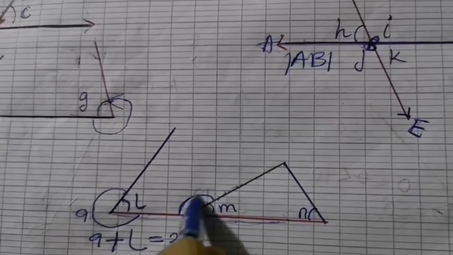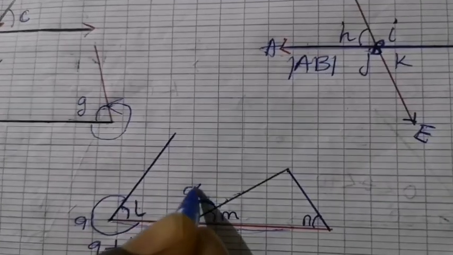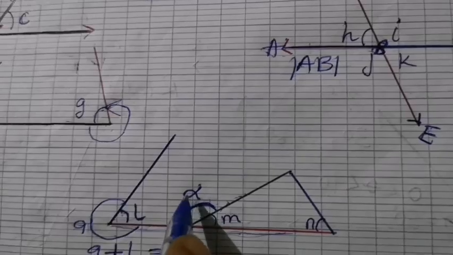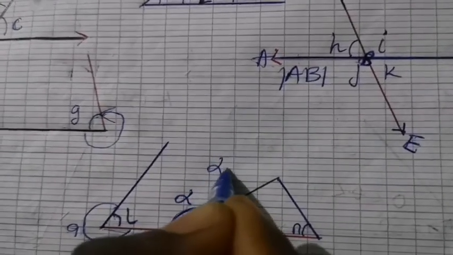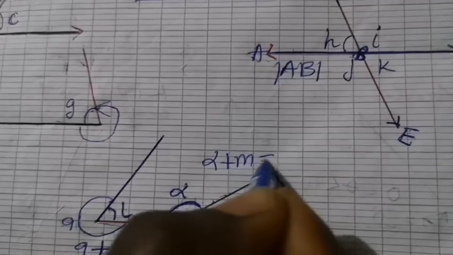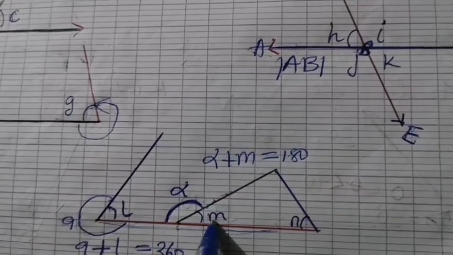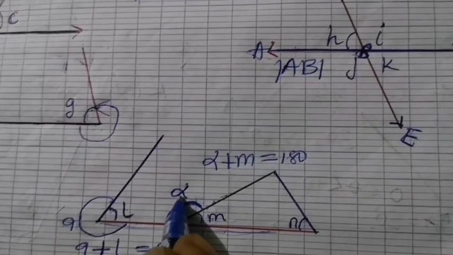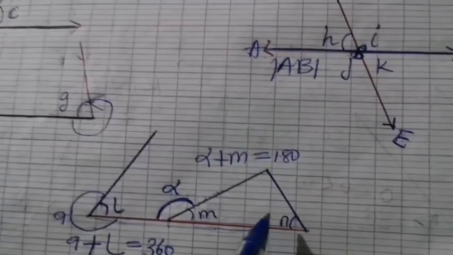If I call the angle here alpha, then alpha plus M is equal to 180 degrees. Because M and alpha form angle on a straight line, which is 180 degrees.